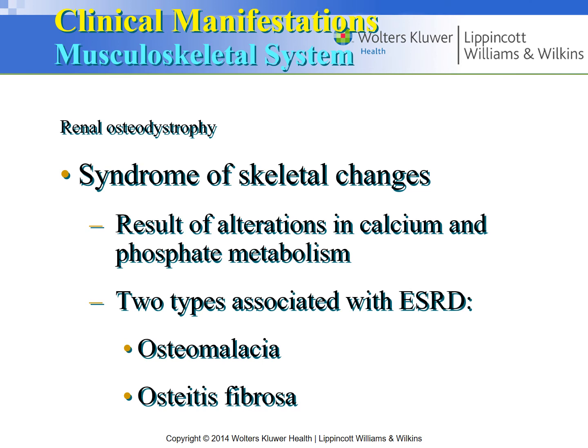The difference is with fibrosis, they can actually have deformity of the bone, but either way the bones are weakened. Not cool at all, but it's fascinating how the body tries to compensate with this whole osteodystrophy.